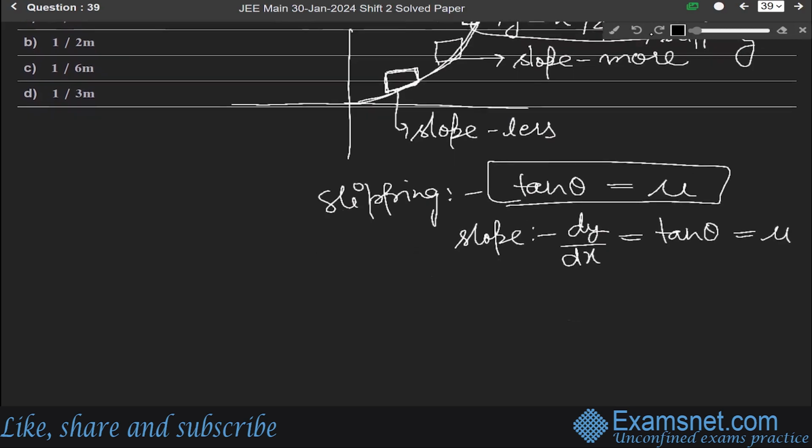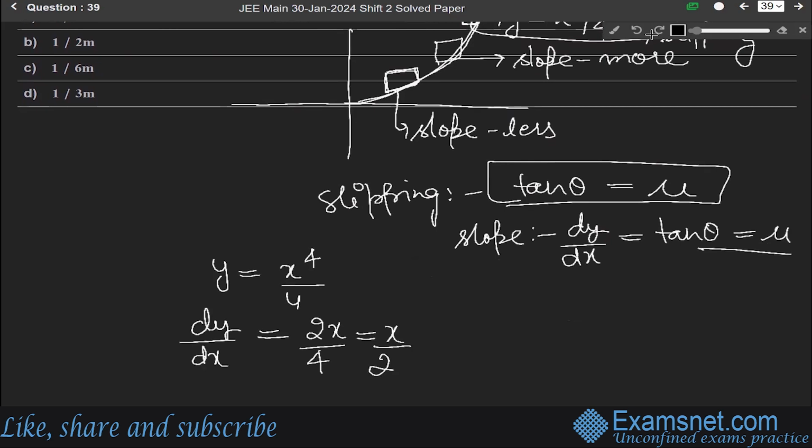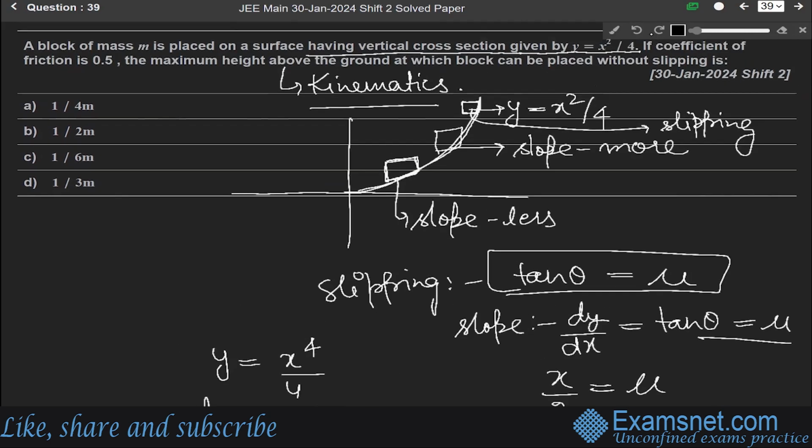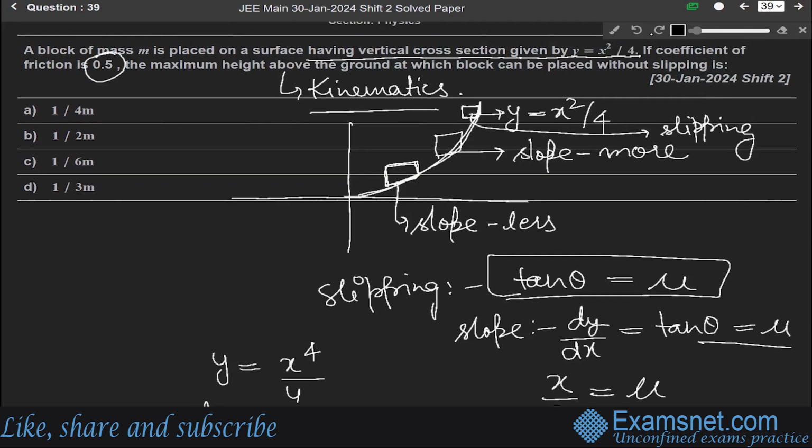So y is given as x square by 4, so dy by dx will be equal to 2x by 4, meaning x by 2. So x by 2 will be equal to mu, and mu is given as 0.5.